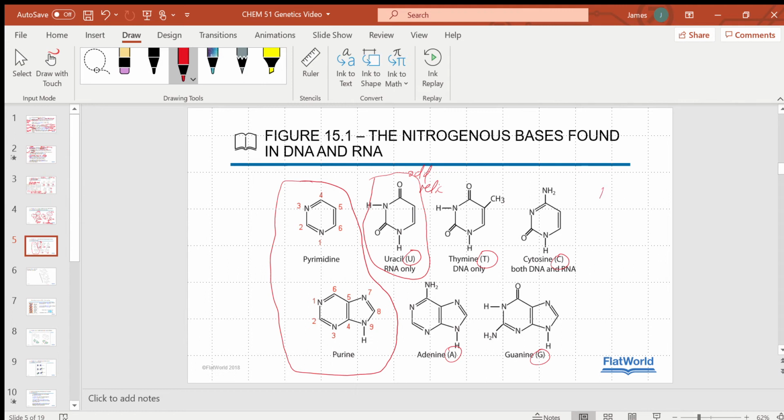So we're going to see pretty soon what would be essential here is that we have complementary base pairing. So adenine is going to essentially bond, or hydrogen bond, specifically hydrogen bond, with thymine.